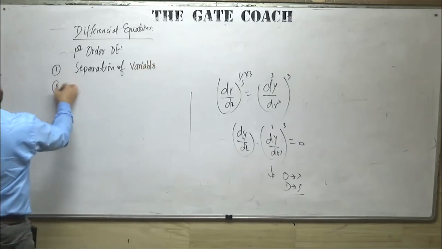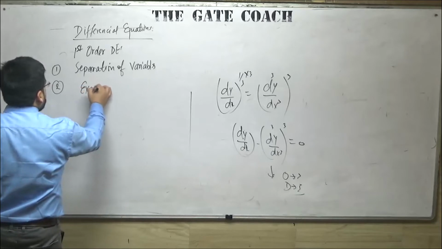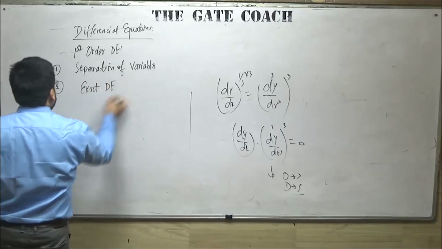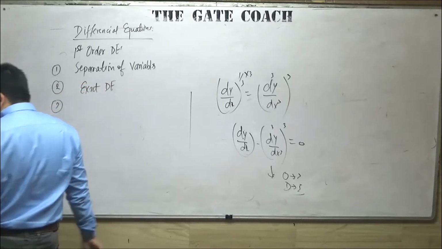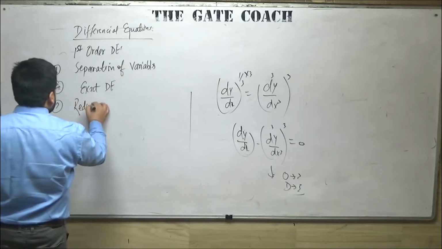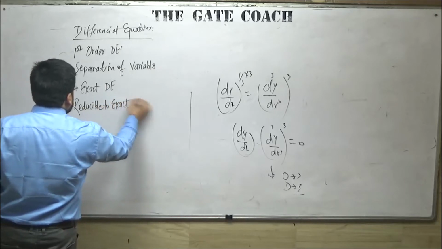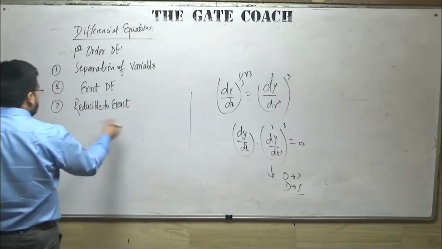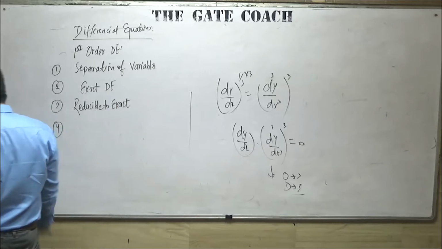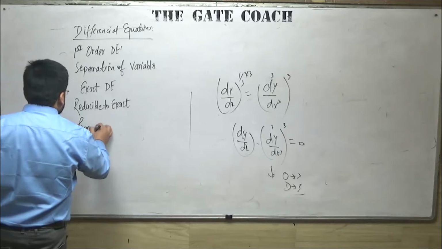After the separation of variables, we have the exact differential equation. After the exact, we have the reducible to exact. Clear? Which can be reduced. Number 4, we discussed homogeneous.